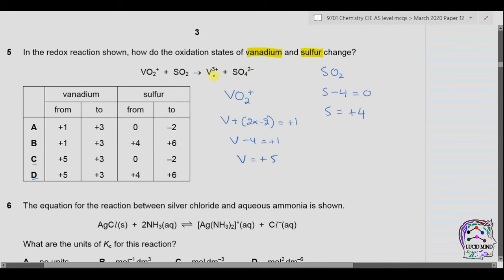Now the oxidation state of vanadium in the product is plus 3, and the oxidation state of sulfur in the sulfate ion can be found like this. There are 4 oxygens, so it will be minus 8 and the overall charge is minus 2. So sulfur is equal to plus 8 minus 2, which is plus 6. So it is obvious that the answer is D.